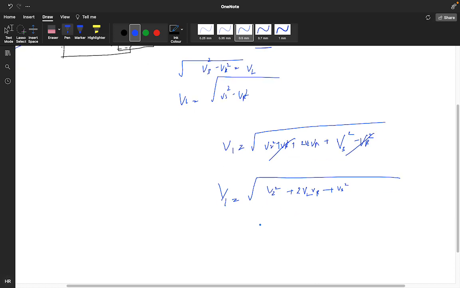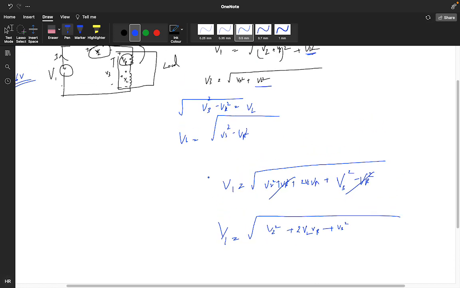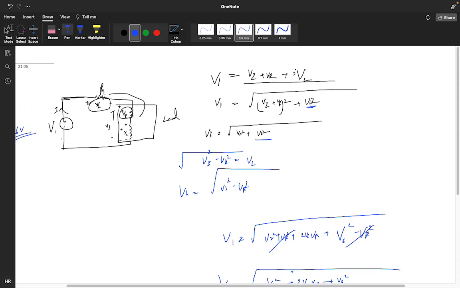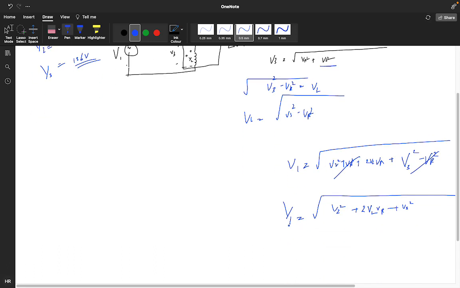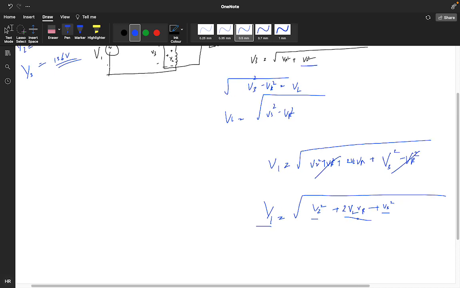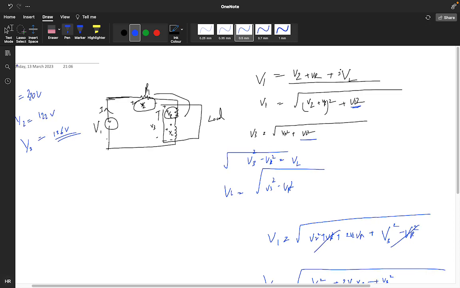So how can you solve this? If you substitute the V1 value, V1 is 220, V2 is 122 and V3 is 136, from here we will get the value of 2 V2 VR.